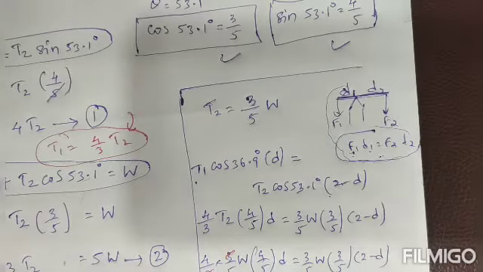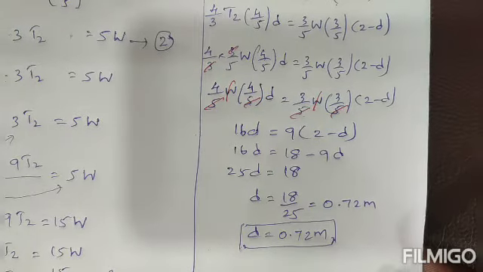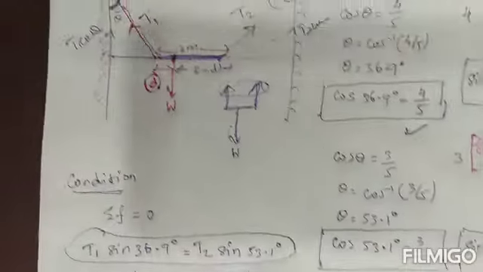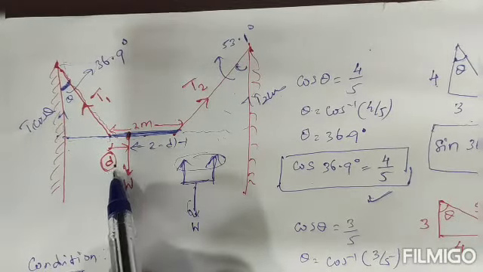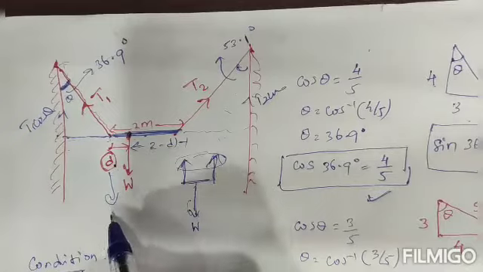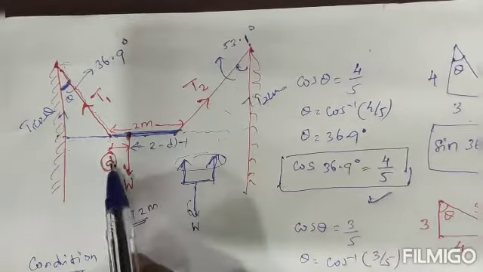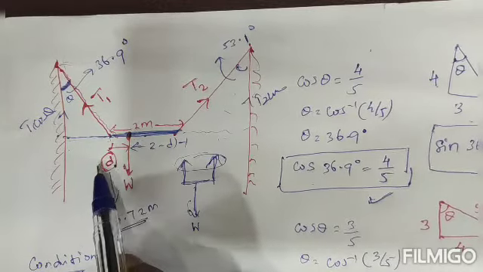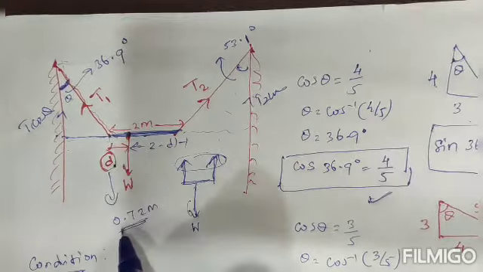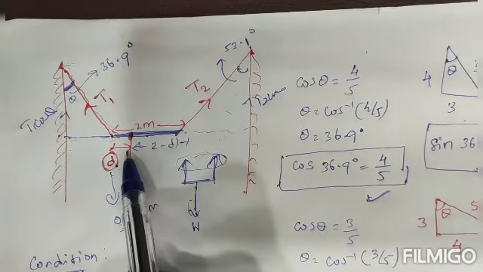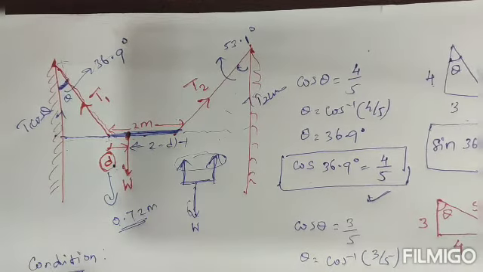Finally we found the distance value, 0.72 meter from the left side of the bar. Its center of gravity is present there. Okay, thank you.